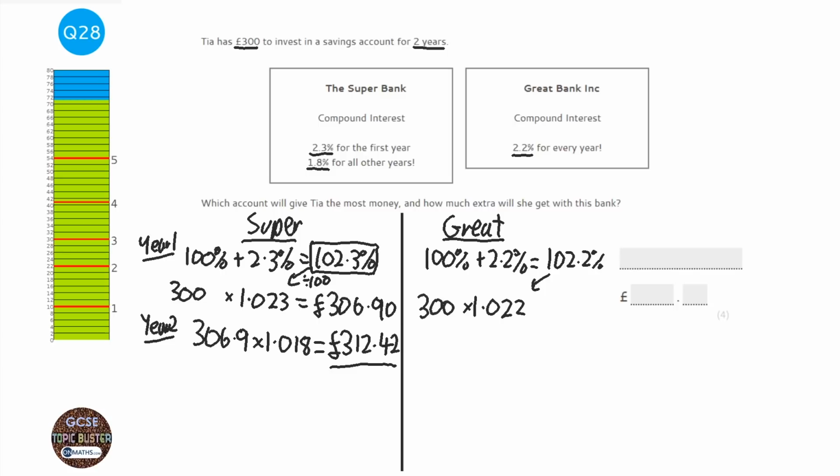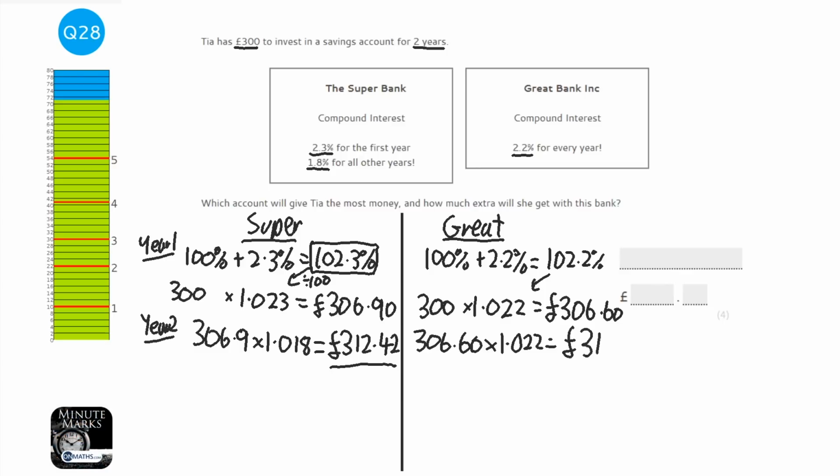So 300 times 1.022, and I get £306.60. Then I'm going to times that again by 1.022, and this time I get 313.34. Actually, that would be 5 if I round it to the nearest penny.